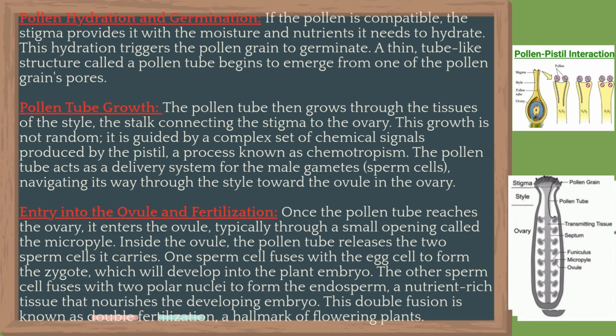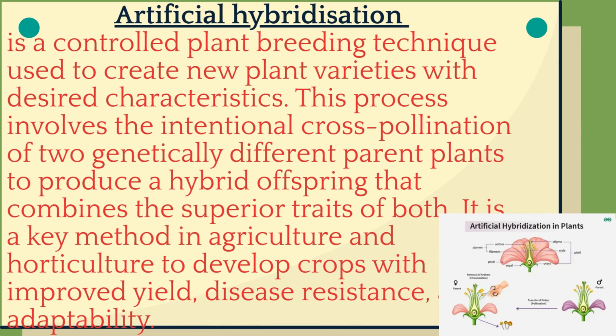The other sperm fuses with the two polar nuclei to form the endosperm, the nutrient-rich tissue that nourishes the developing embryo. This double fusion is known as double fertilization, a hallmark of flowering plants.